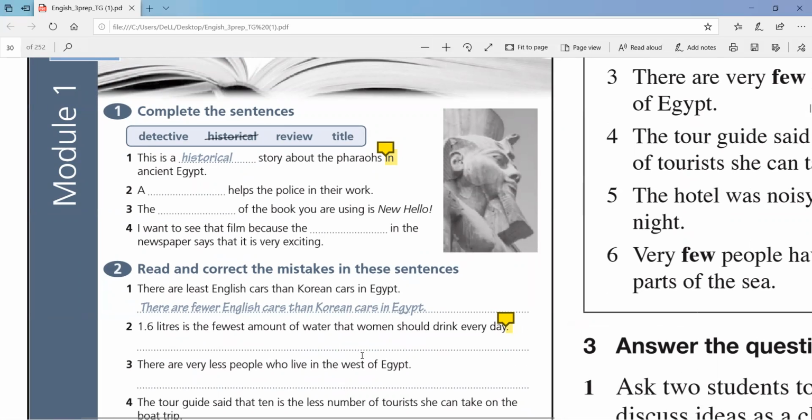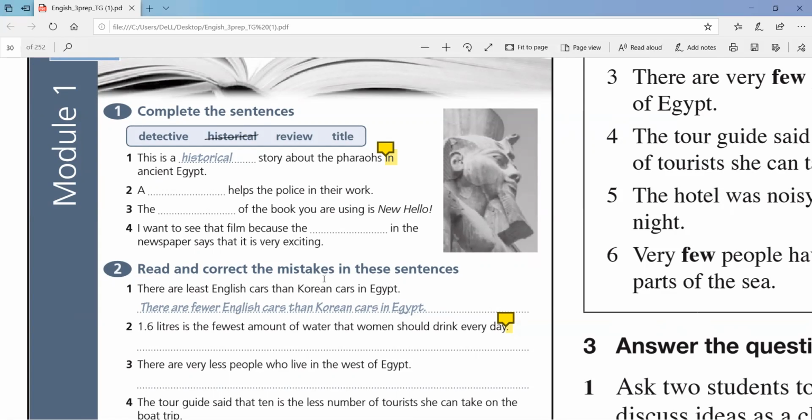This is a historical story about the pharaohs in ancient Egypt. Number two, a space helps the police in their work. Detective, review, title.